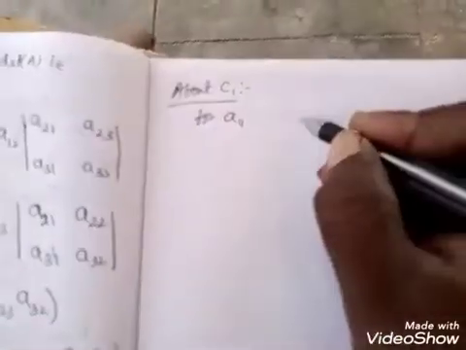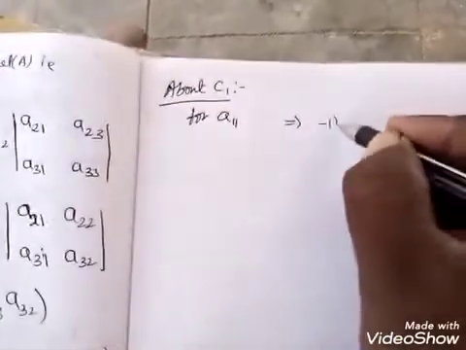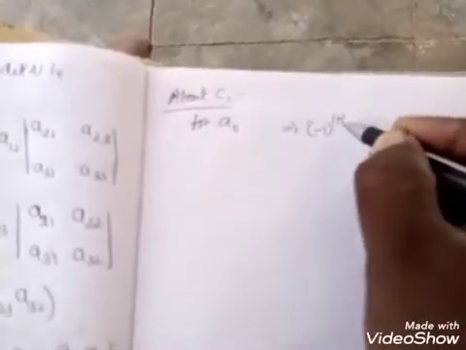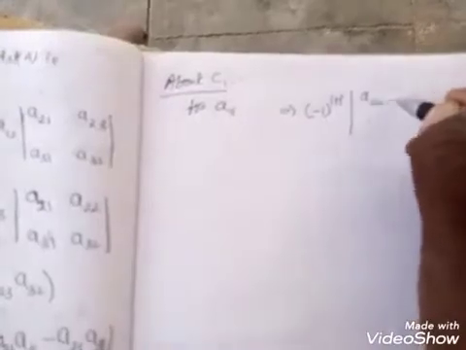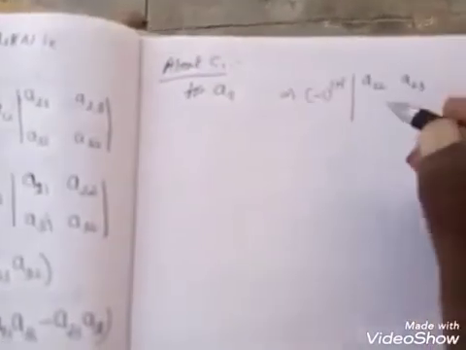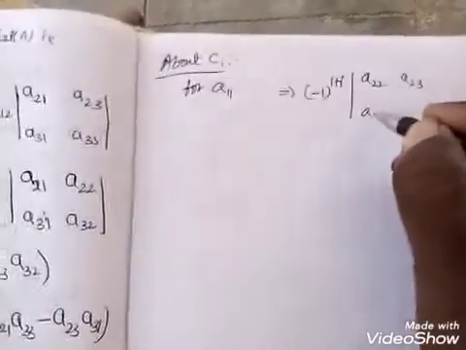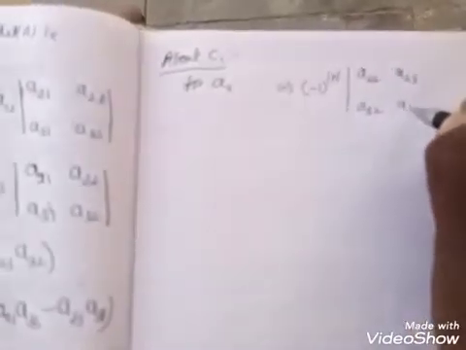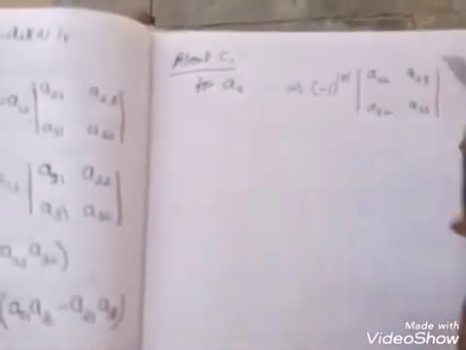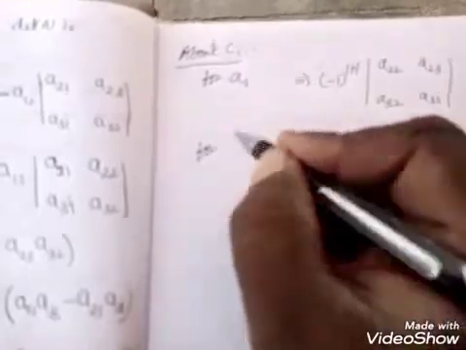Same thing, minus 1 power 1 plus 1 into determinant of A22, A23, A32, A33.